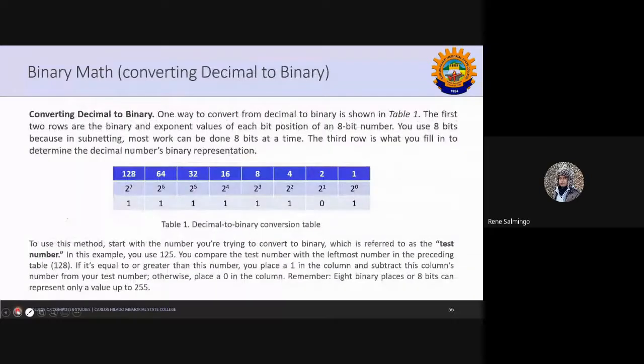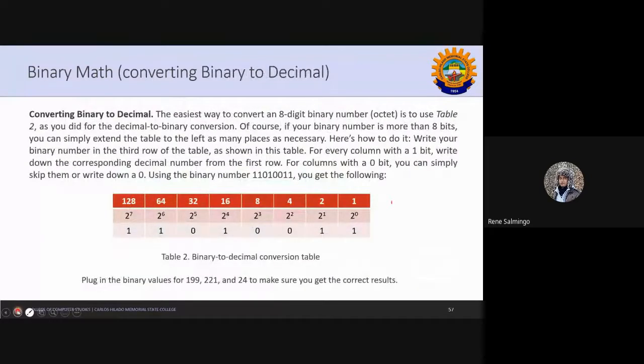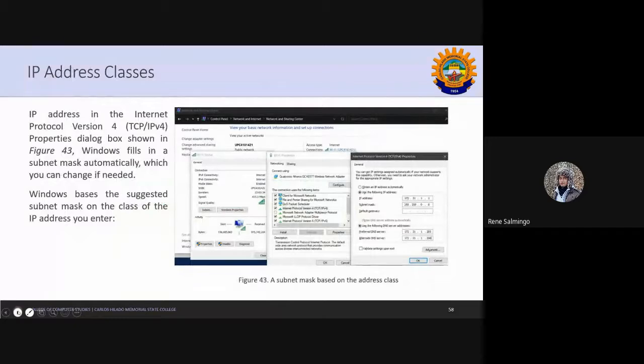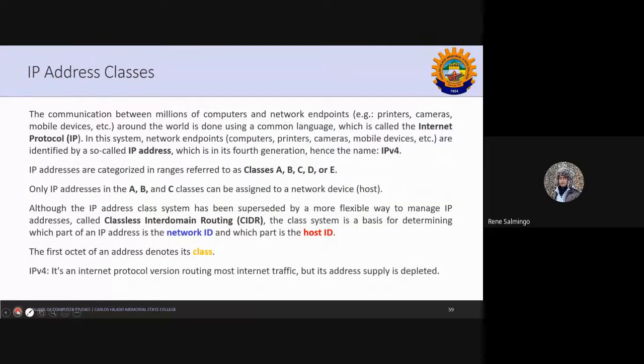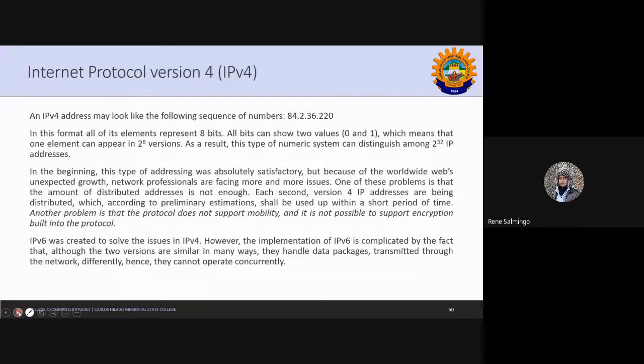But nowadays, IPv4 is already carrying the most routing internet traffic, and it's going to be depleted already because there's already a new version.